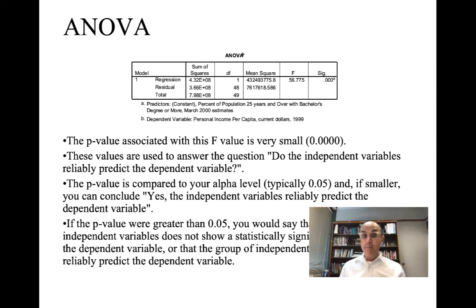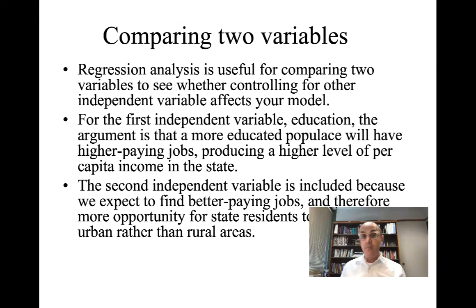So if the p-value were greater than 0.05, we would say that the group of independent variables does not show a statistically significant relationship with the dependent variable, and that the group of independent variables does not predict the dependent variable. Those are the things that we are looking at.